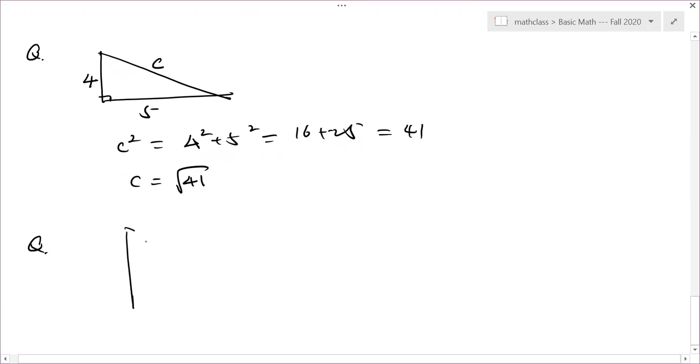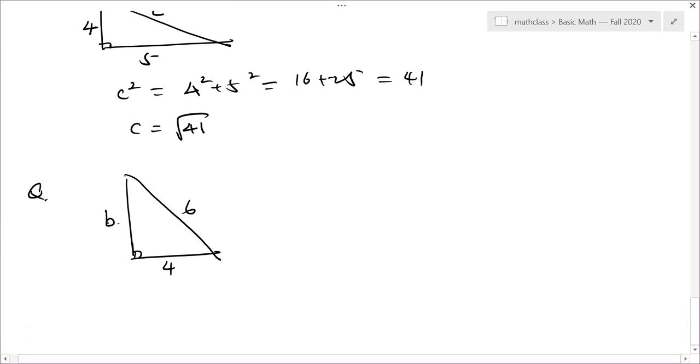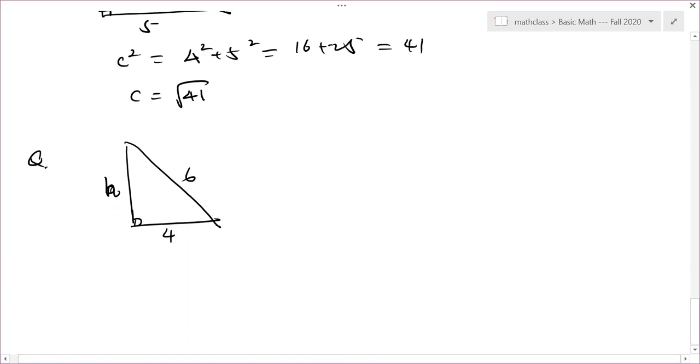And conversely, if this side is 6 and this side is 4, and it's a right triangle, can you get the other side? We can call it H. It looks like a height. So H squared plus 4 squared equals 6 squared.